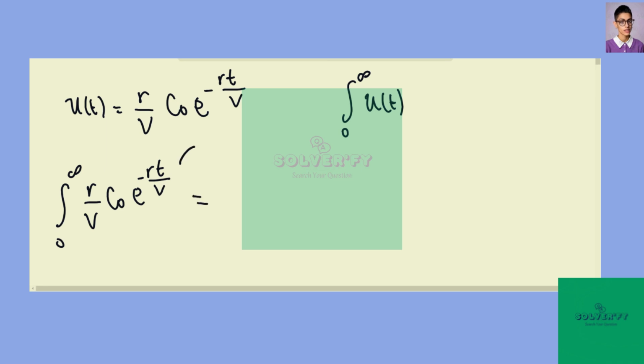The only term that depends on t is the exponential function, which has in its argument a dependence on t. So we can put all the rest outside the integral, and we just need to integrate this in the variable dt.